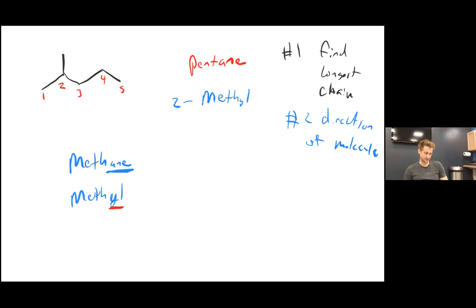If I add the two of these together, we can get our full name. You're going to first add the substituents and then end it with your parent chain. So this is going to be 2 methylpentane here.